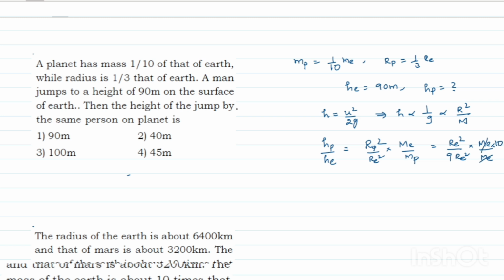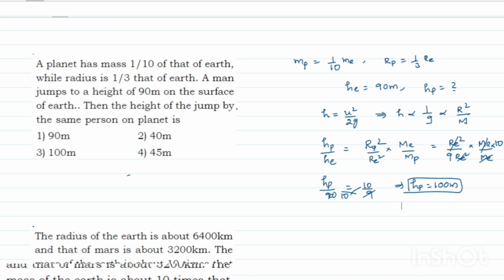Here me gets cancelled, re square gets cancelled. So H on the planet by 90 equals 10 by 9 times 9, so 10 into 10 gives the height he can jump as 100 meters.